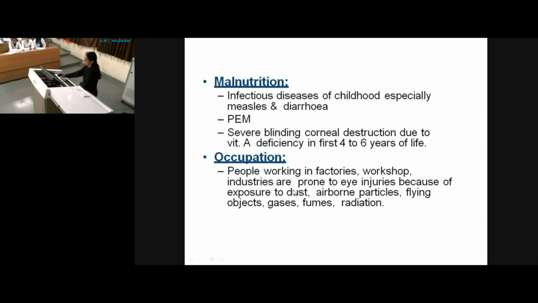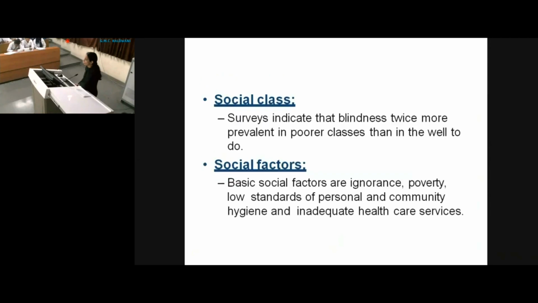Occupation: people working in factories, workshops, and industries are prone to eye injuries because of exposure to dust, airborne particles, flying objects, gases, fumes, and radiation. So this is an occupational hazard. And when the question is regarding occupational hazard or occupational injury, this should be enumerated as one of the causes.